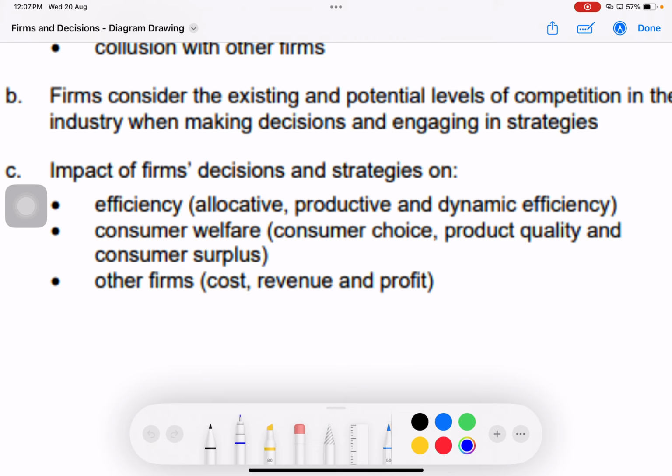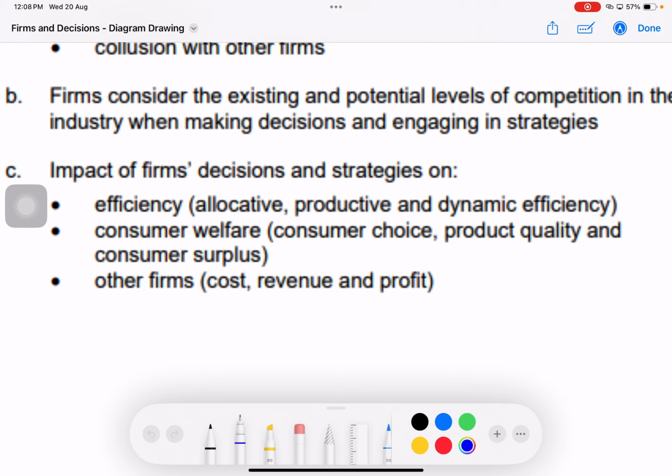Affecting consumer, this is where you look at choice, quality, surplus. Can you help me to put the word variety? Okay, variety. Okay, consumer surplus actually includes, by the way, when you see consumer surplus, actually the word price is already included. Okay, you may want to put the word price beside consumer surplus.